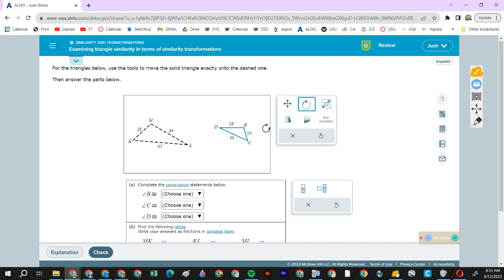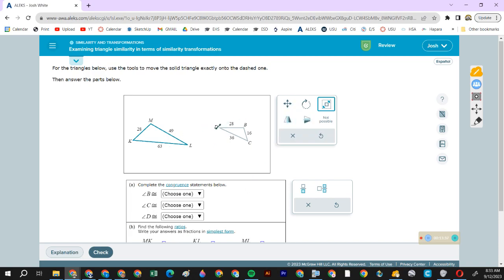I'm going to rotate this, flip it, rotate it a little bit more, and then change its size. There we go. Okay. So we need to complete the congruent statement.